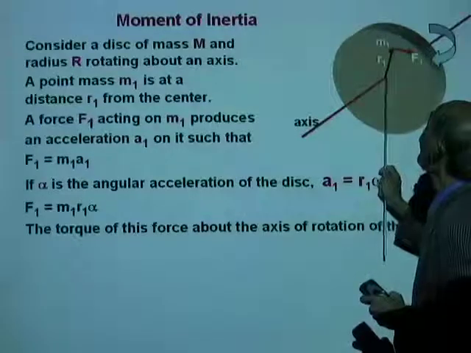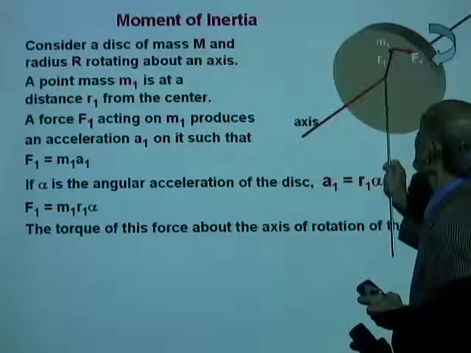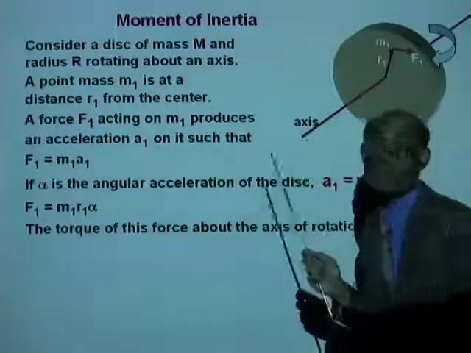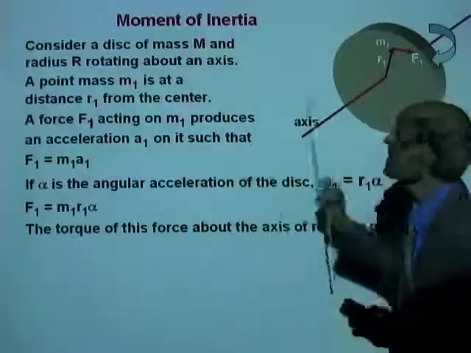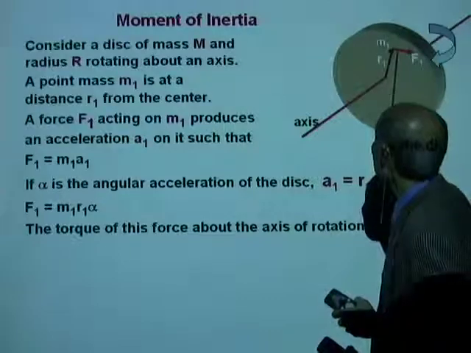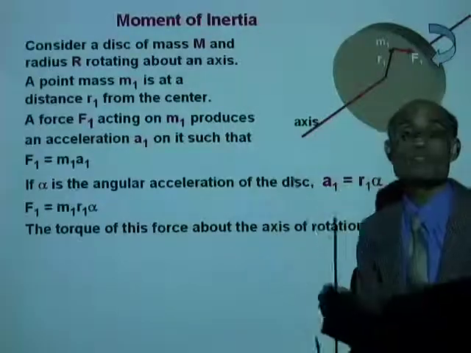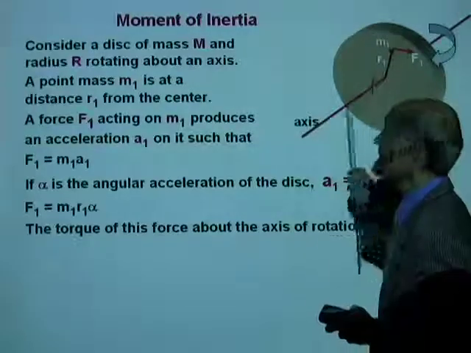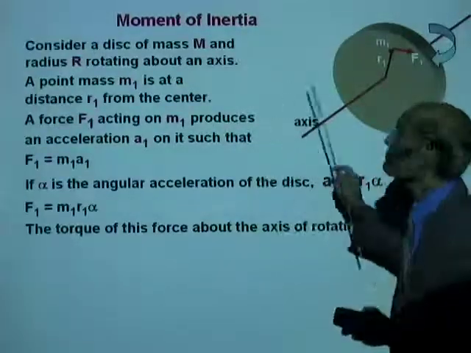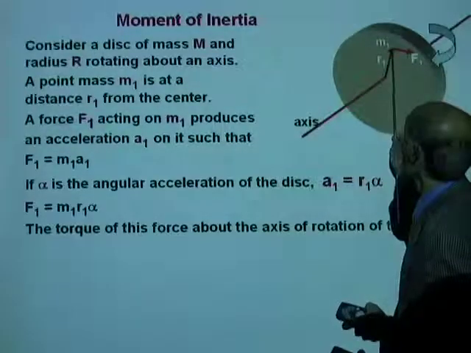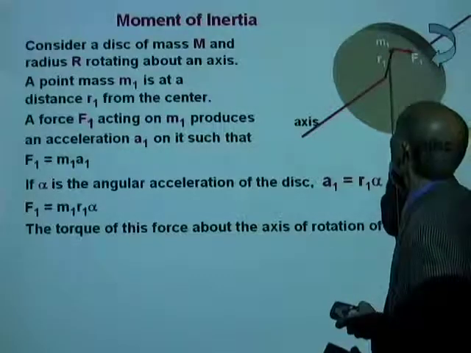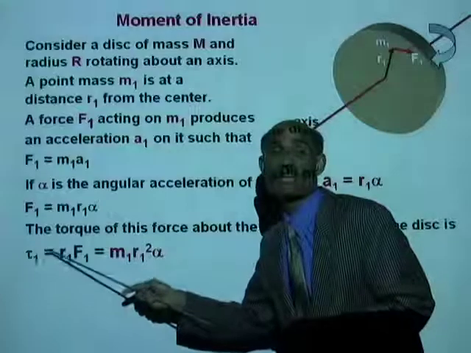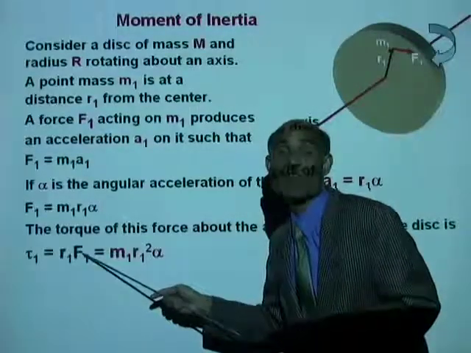It will be the torque arm, which is r1, times F1 sine theta. Theta is 90 degrees, therefore sine theta is 1. So tau 1, the torque on this particle, will be r1 times F1.